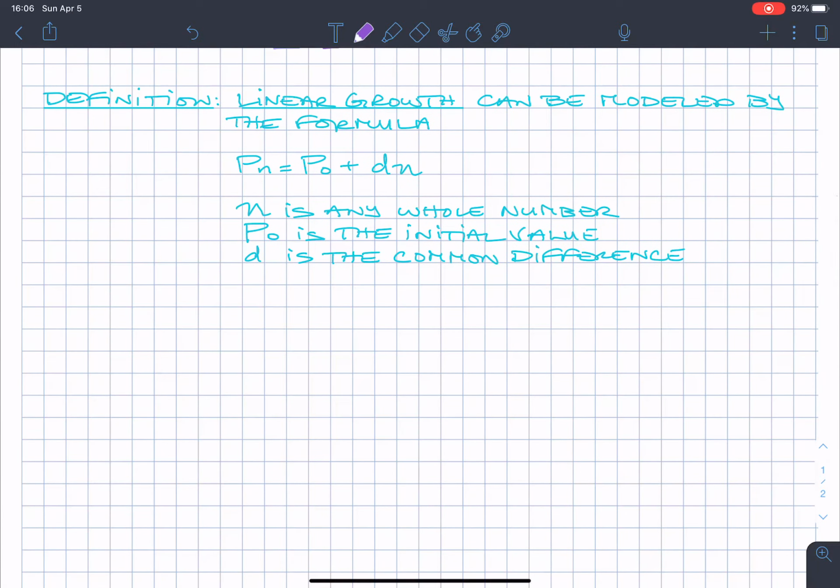Okay, so let's note that linear growth increases by the same amount each term.